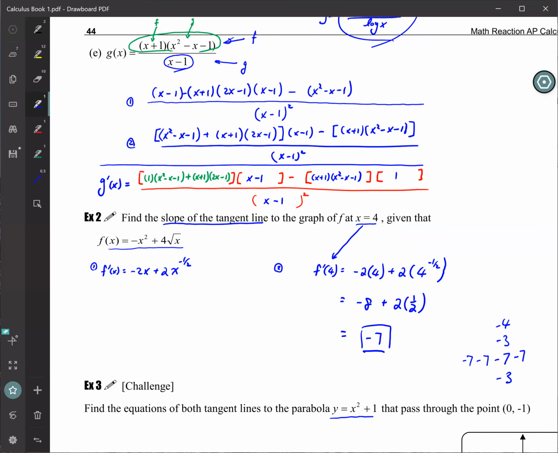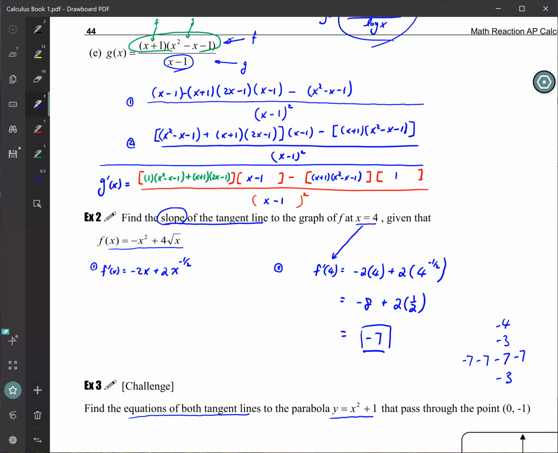Question 3 asks you to find the equation of the tangent. An equation of the tangent means you need to know the slope, and you also need a point, so you can write point-slope form. So it's the same as asking you to find the slope. Question 2 also asks you to find the slope, so they are basically asking the same thing.